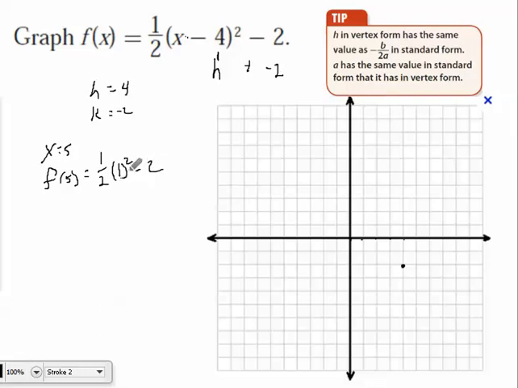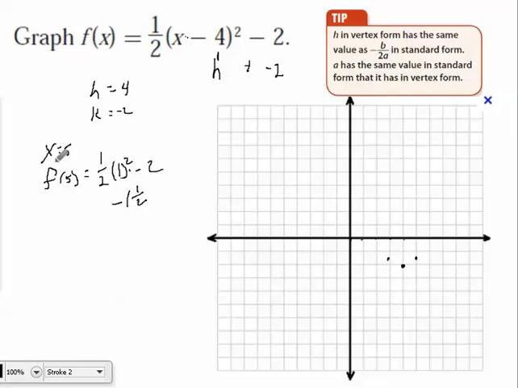Well, 1 squared is 1. 1/2 of 1 is 1/2. So 1/2 minus 2 gives me a negative 1 and 1/2. Well, that tells me that at 5, it's going to be at a negative 1 and 1/2. It's going to be like right there. Well, it also tells me that this one will be here too, because this is an axis of symmetry going up here, meaning that it is symmetrical on both sides of it.